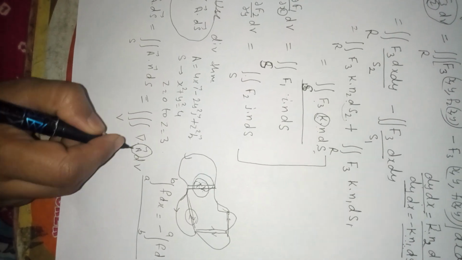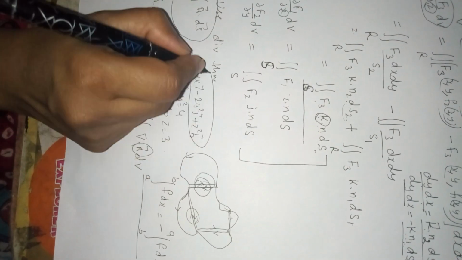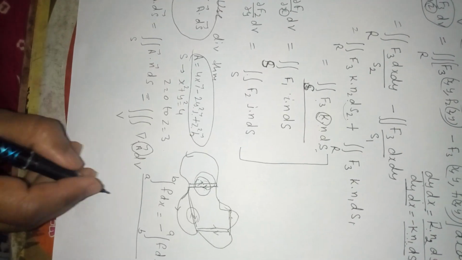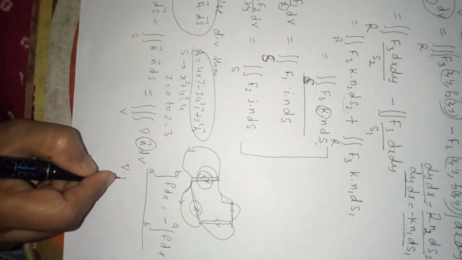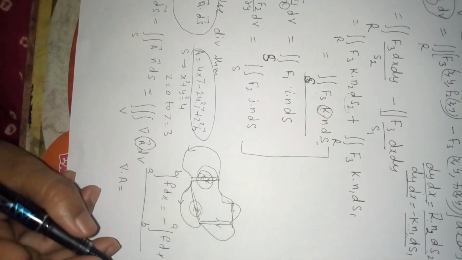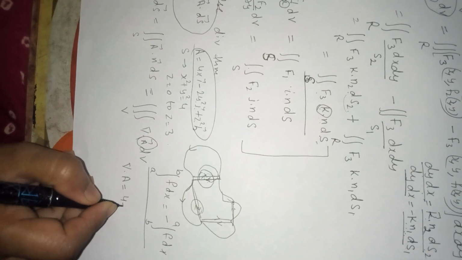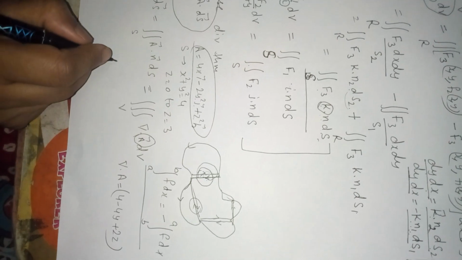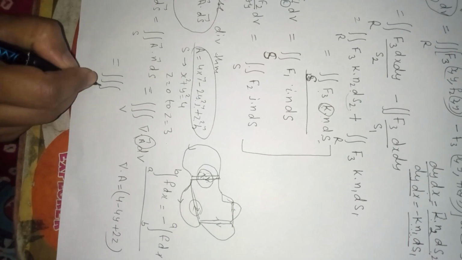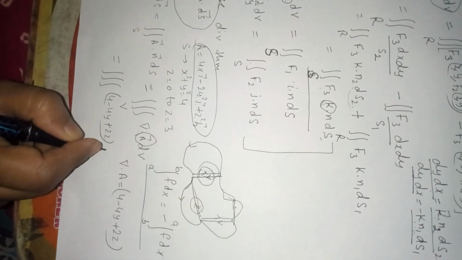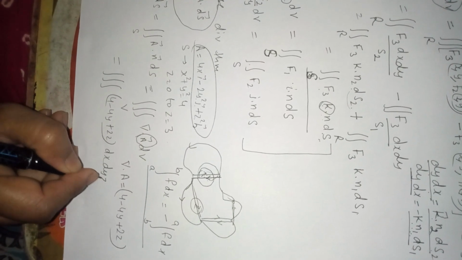So what is A? A is 4xi minus 2y square j plus z square k. So first we find del dot A, and when you solve this, you get 4 minus 4y plus 2z. So this is equal to the triple integral of (4 minus 4y plus 2z) dx dy dz.